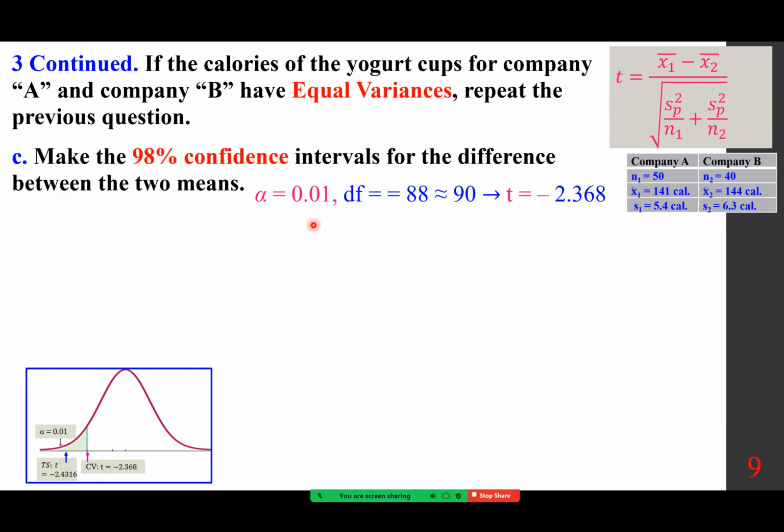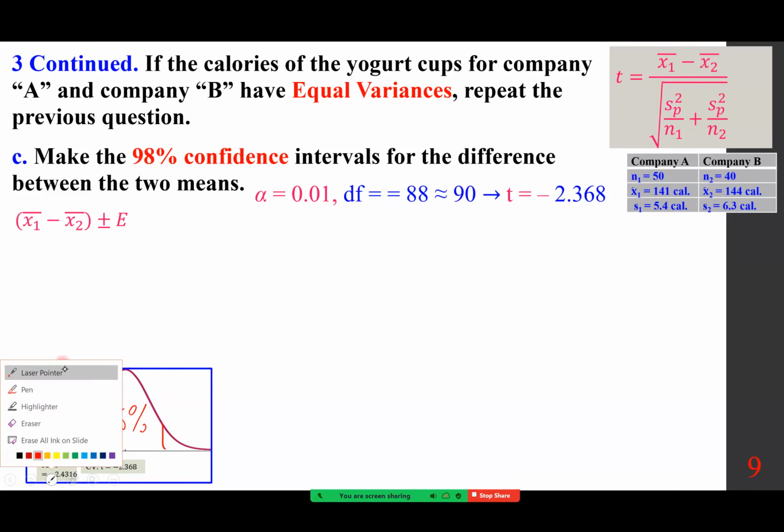If it was a two-tail test, this should be 99%, but this is a one-tail test, so this is a 98% confidence interval. All values are the same. So x1 bar minus x2 bar plus or minus E. Again, we don't have to use too much. I'm going to remind you of all these formulas. Okay, this is the formula that we have used.